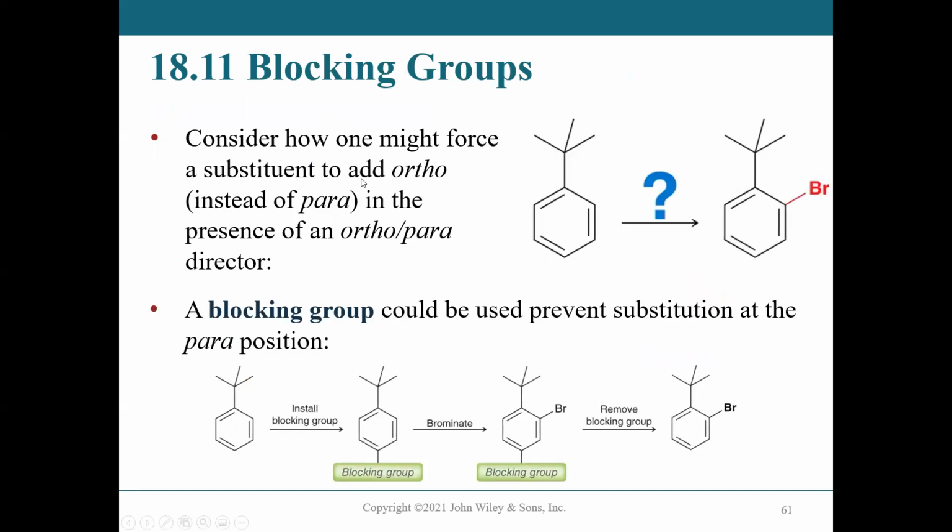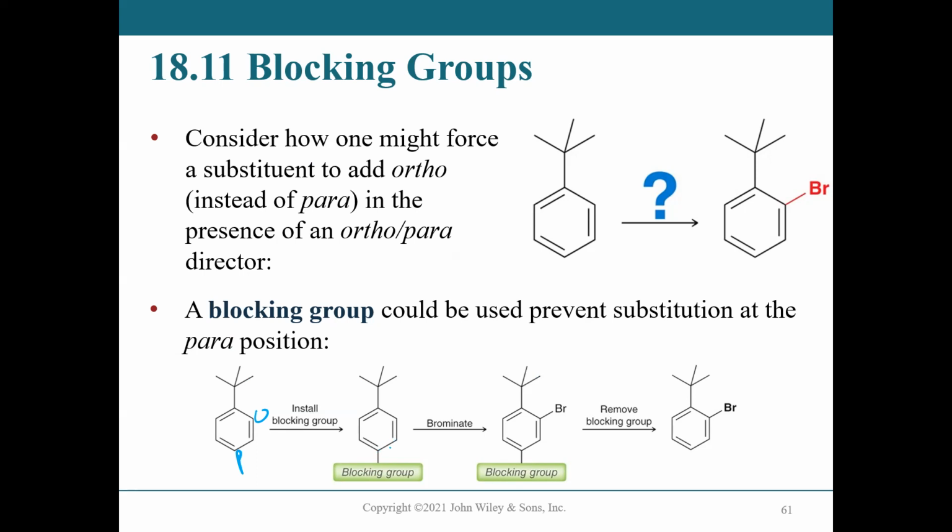It says, consider how one might force a substituent to add ortho instead of para in the presence of an ortho para director. So a blocking group could be used to prevent substitution at the para position. Remember, these are ortho para directors, right? But what if we put a methyl group right here and we block it?